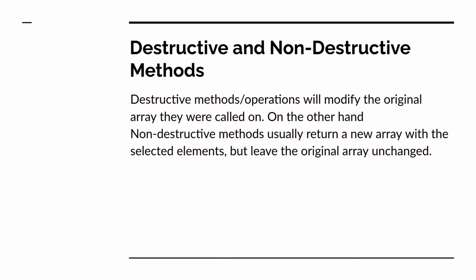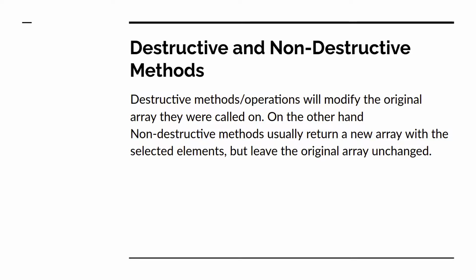Now, another important thing for Ruby array methods is destructive and non-destructive methods. Okay, so we need to understand what these destructive and non-destructive methods are. So destructive methods or operations will modify the original array they were called on.